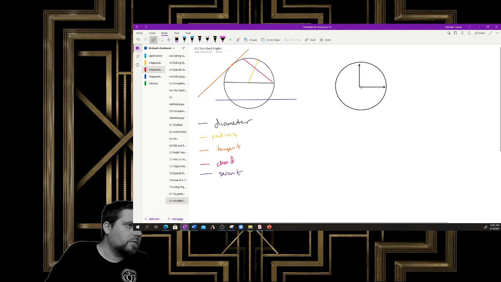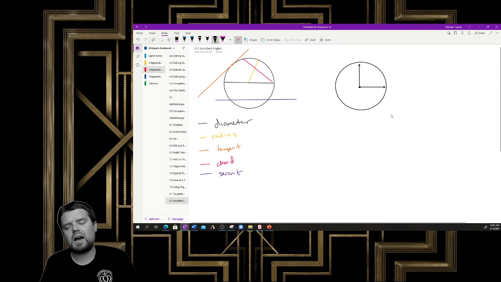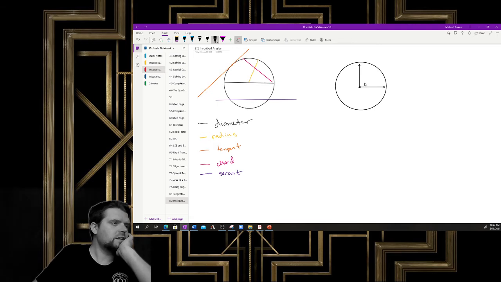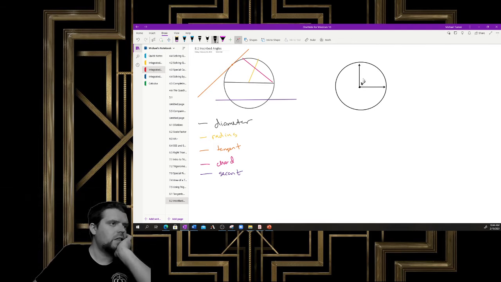A central angle, as we defined in 8.1, is an angle whose vertex is at the center and that connects to the circle. So this here would be our central angle.